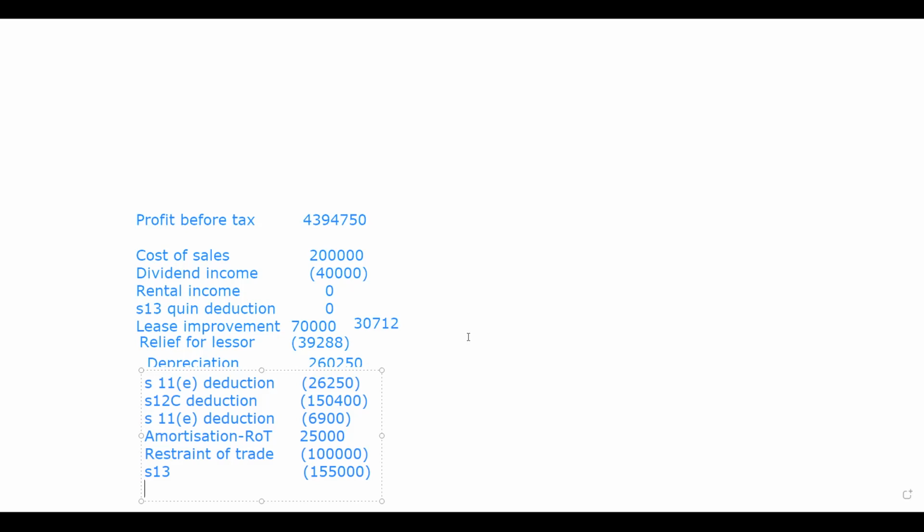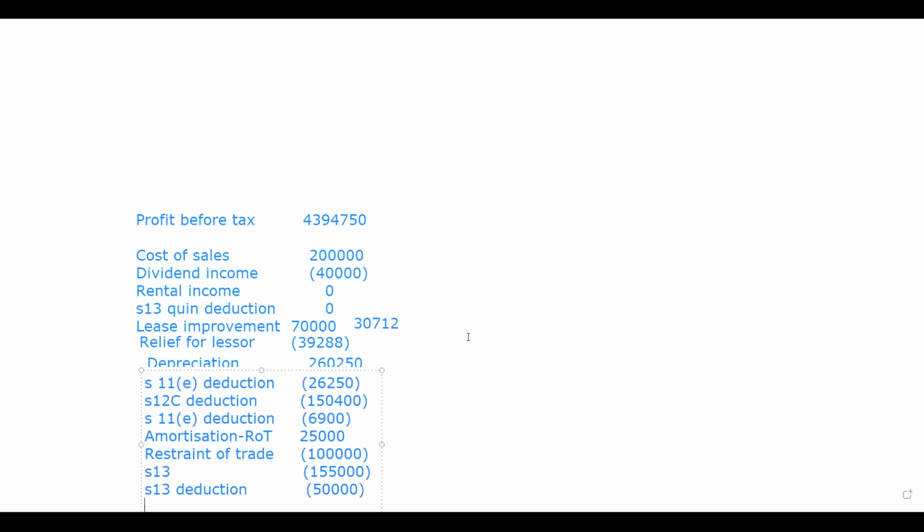So I'm just going to say section 13 deduction 2, 5% also of $1 million, not 940, of $1 million. Like I said, you never apportion, so you use the total 1 million. 1 million multiplied by 5% gives us 50,000.